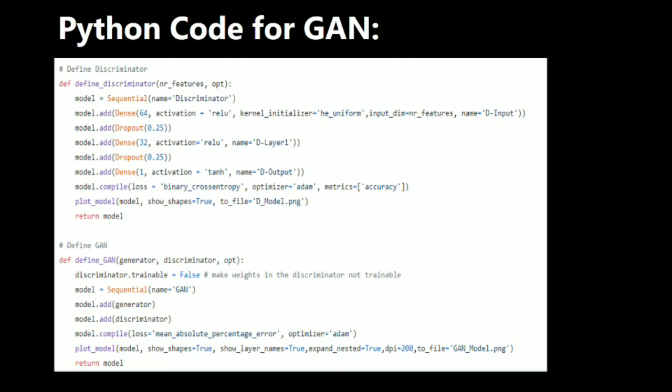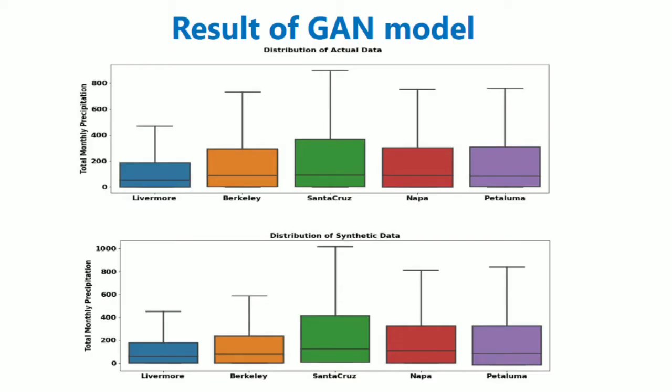My output will consist of 10,000 synthetic data samples with 5 output features corresponding to the total monthly precipitation of the 5 stations in California that I mentioned earlier. This implementation is done using the Keras library in Python.